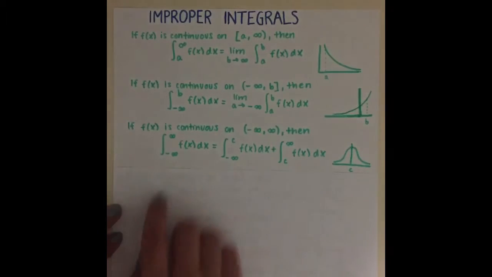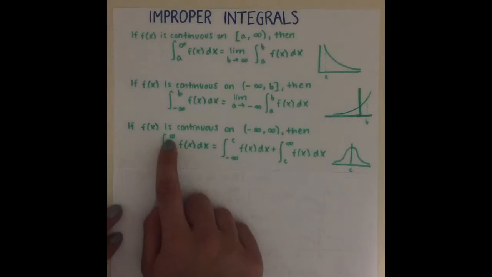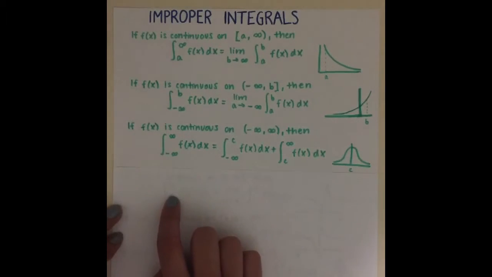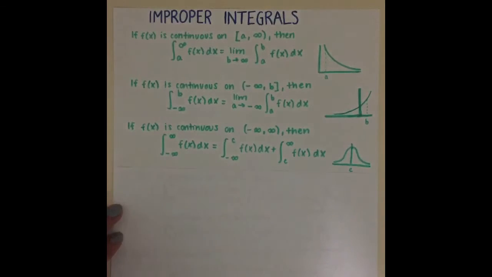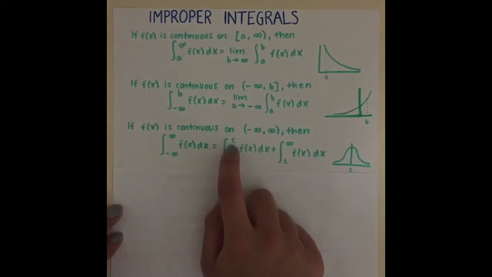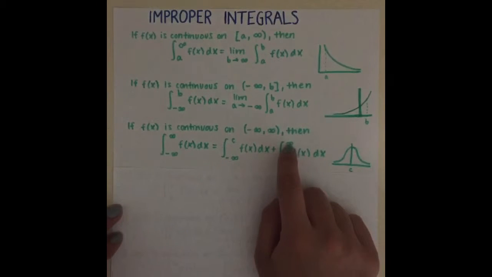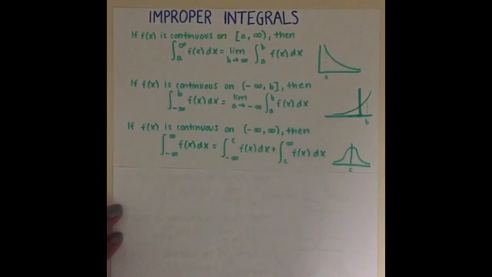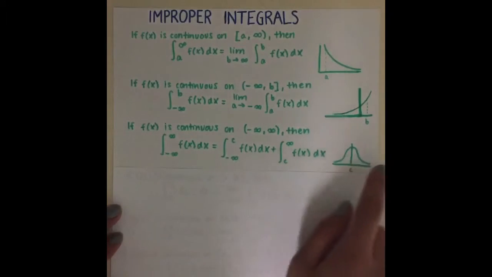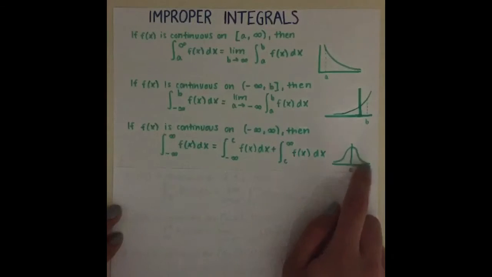But when we have to take the integral from negative infinity to infinity, it gets a little more complicated. We would have to split the integral from negative infinity to a constant c and c to infinity. As you can see, these two areas will be equal to this area.